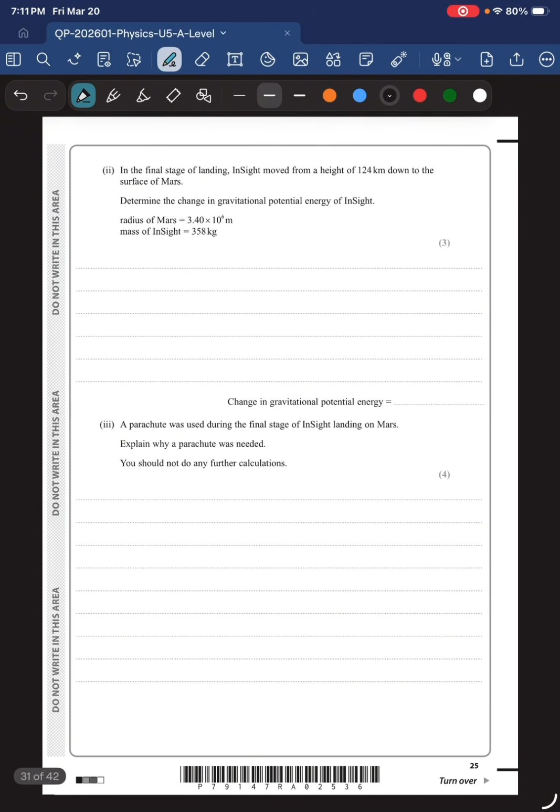Okay. 2. In the final stage of landing, InSight moved from a height of 124 kilometers down to the surface of Mars. Determine the change in gravitational potential energy of InSight, and they give you the radius of Mars and the mass of InSight. So the change in gravitational potential energy is equal to the mass of the object times the change in gravitational potential, which is different from gravitational potential energy.